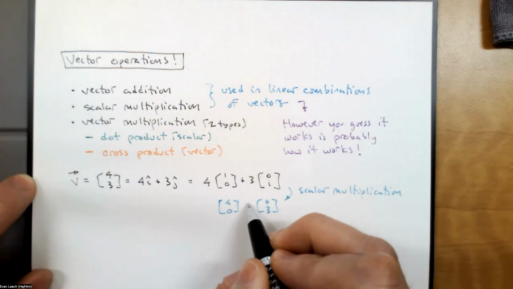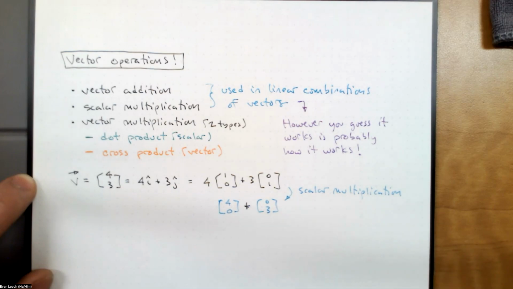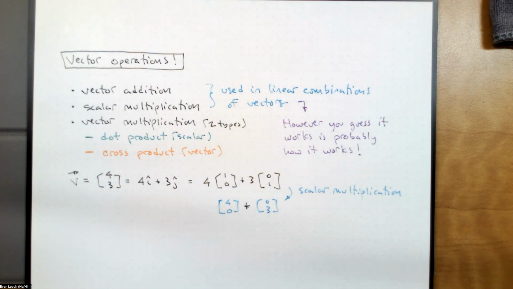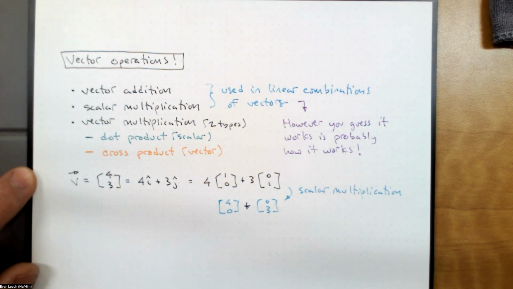Then if I want to add the vector 4, 0 to the vector 0, 3, if we had to guess, just add the horizontal ones and then add the vertical ones. Yeah. However we think it will work, that's pretty much how it works.